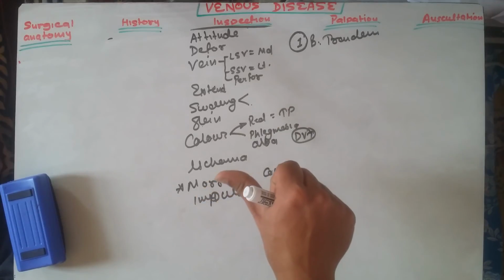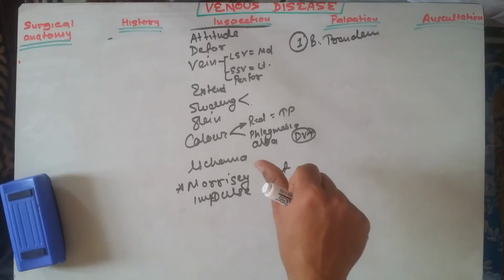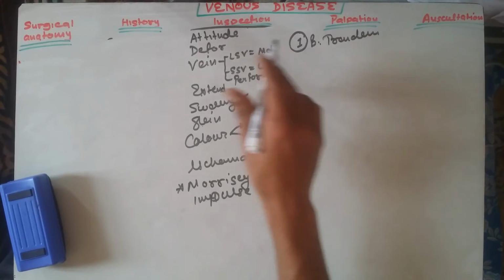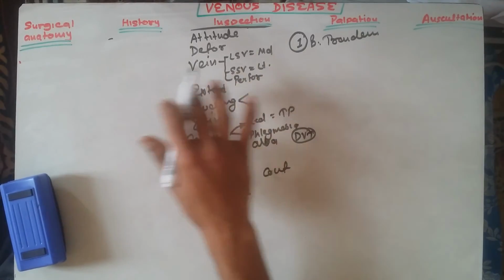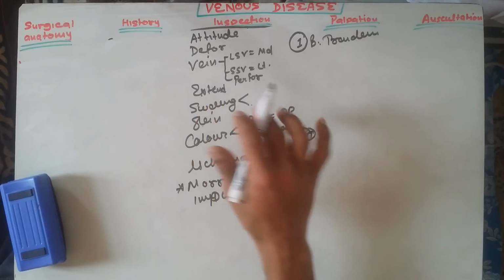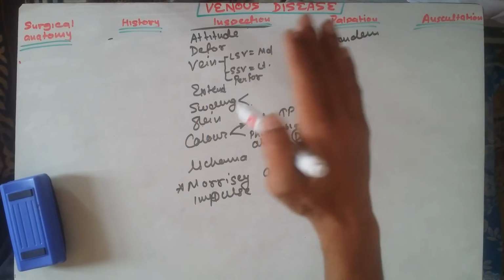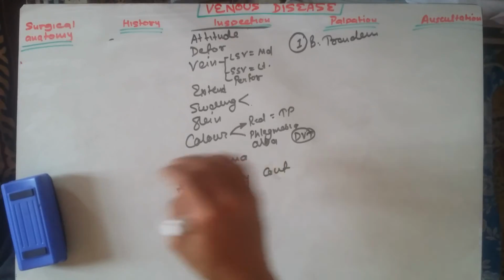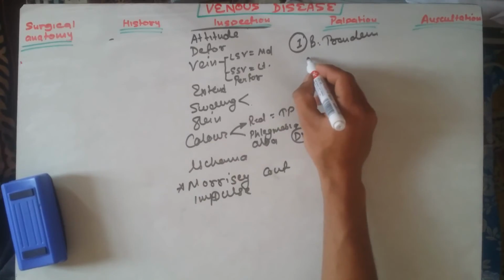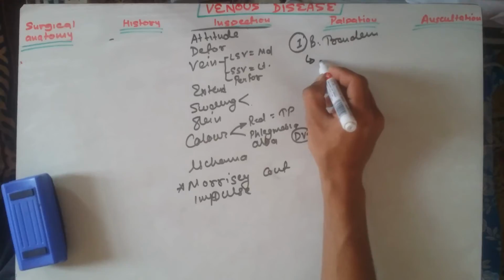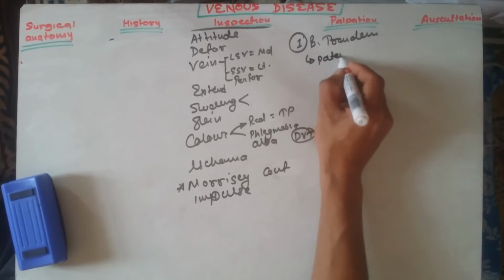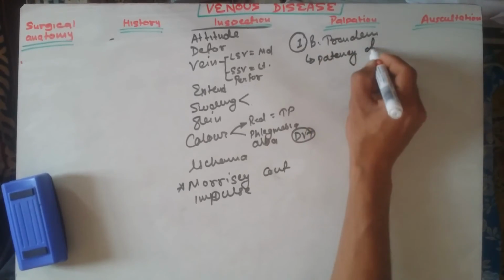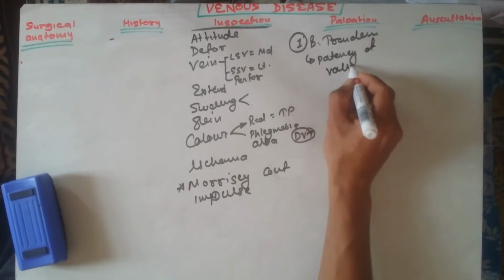our hand from the saphenofemoral junction. And normally if the patient's valve in the venous system is competent or normal, then the blood should not have returned back to the leg. Okay, but if the patency of the valve, this actually shows about the patency of the valve in the vein.